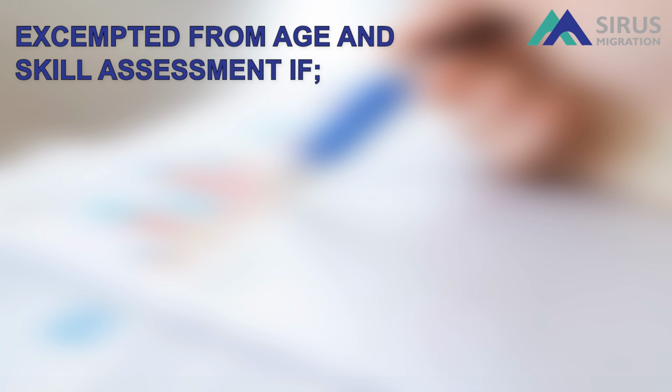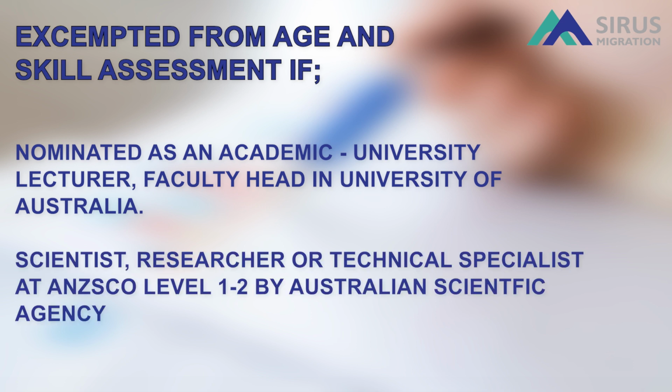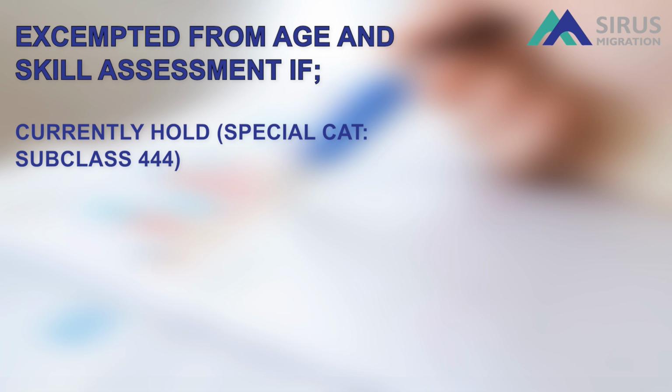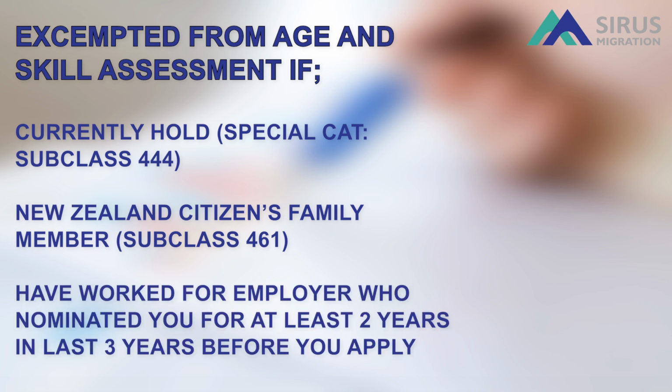However, you are exempted from age and skills assessment requirement if you are nominated as an academic, a university lecturer, faculty head by a university in Australia, or you are nominated as a scientist, researcher, technical specialist at an ANZSCO skill level 1 or 2 by an Australian scientific government agency, or if you currently hold special category 444 visa or New Zealand's family relationship subclass 461 visa, and have worked for the employer who nominated you in the nominated position for at least 2 years in the last 3 years immediately before you apply. This 2 years excludes periods of unpaid leave.